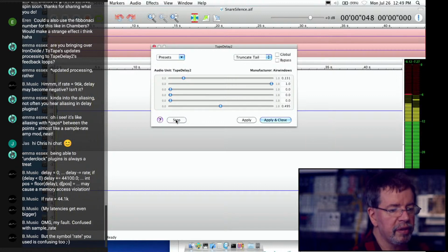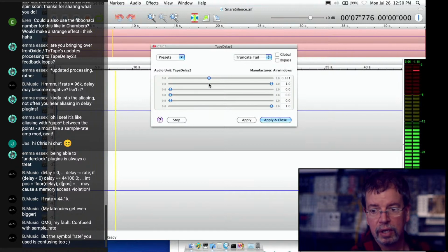It ain't doing nothing. How about like this? Nope. How about like that? How about like output of the function? How about no delay? How about much faster? Aha! All right, that time it worked.